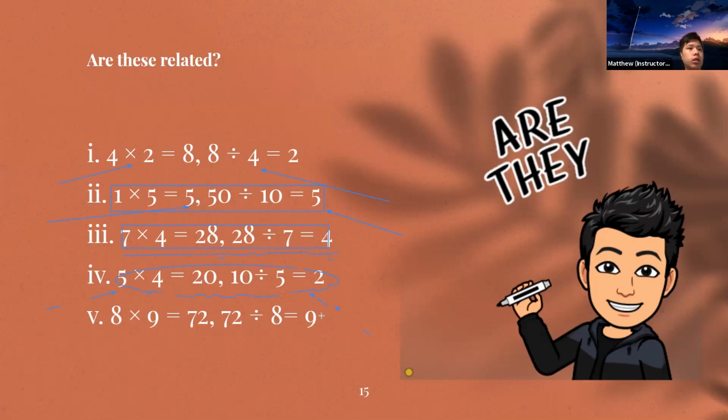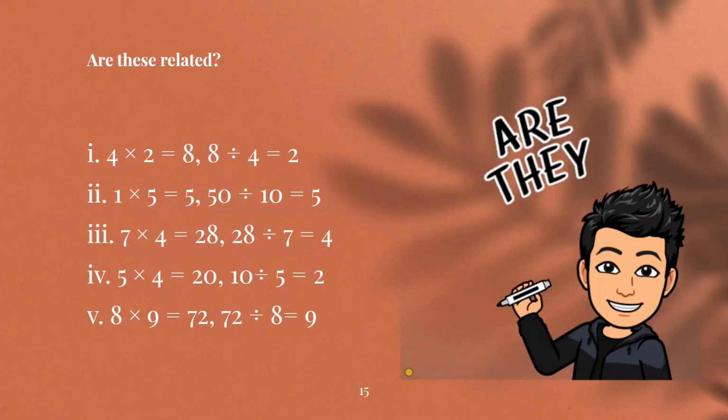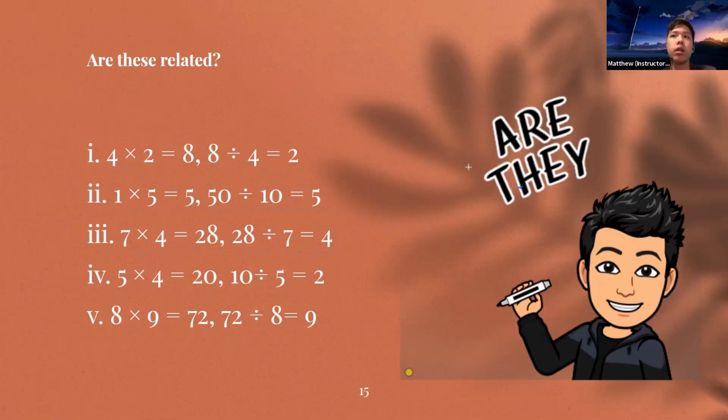Are these two related? No. Correct. The last one. Are those two related? 8 times 9 is 72. 72 divided by 8 is 9. Correct. Yes, they are both.